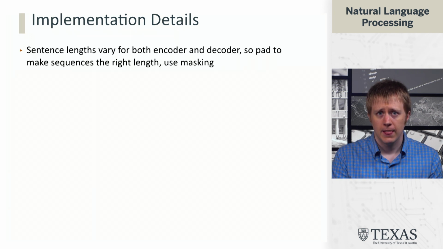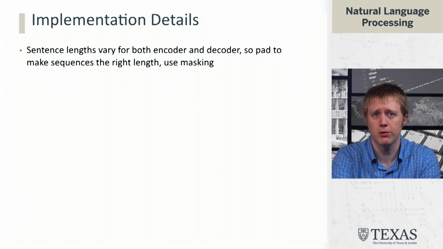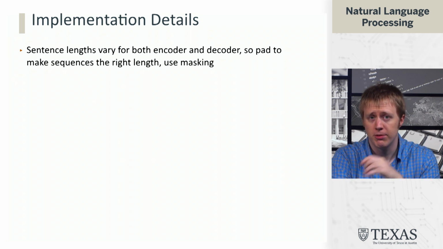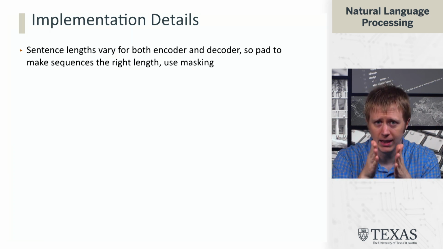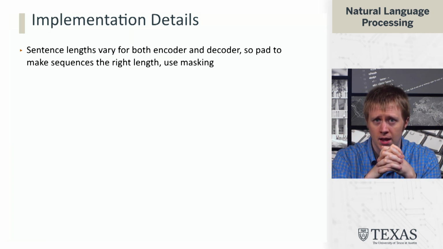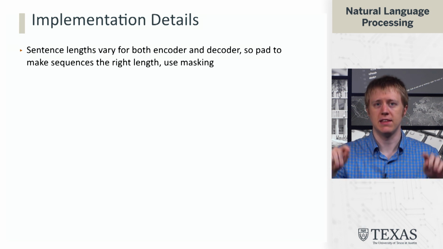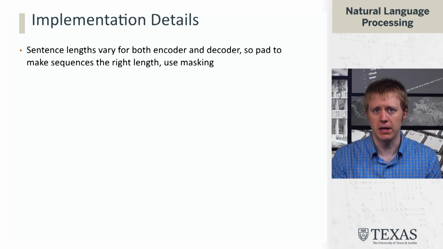Okay, so in terms of some of the gory details here, one of the most annoying things to deal with is the sentence lengths. So for both the encoder and the decoder, we now have variable length inputs, right? And so we need some notion of padding where if we want to make these things into actual tensors that are going to play nicely with our frameworks like TensorFlow, we need to pad them out to turn them into regular shaped things.